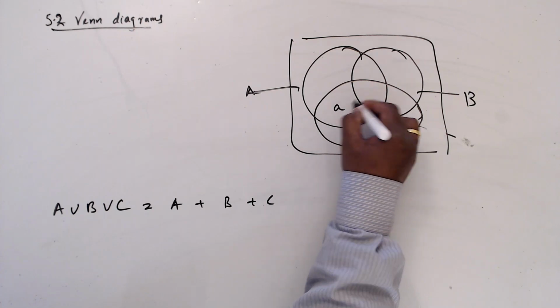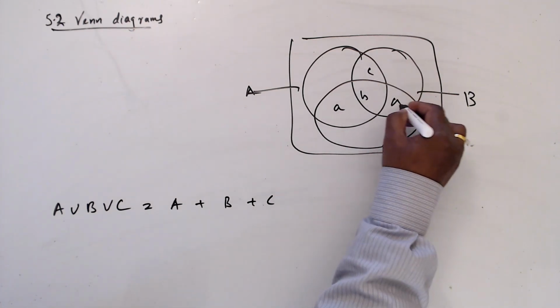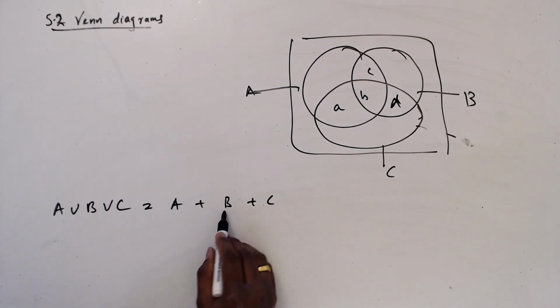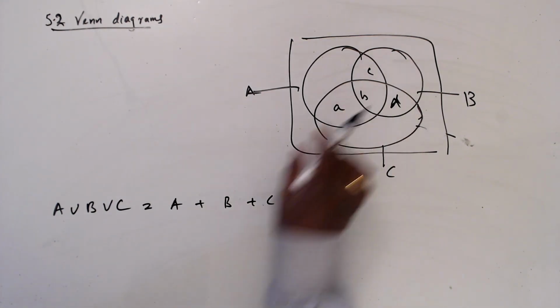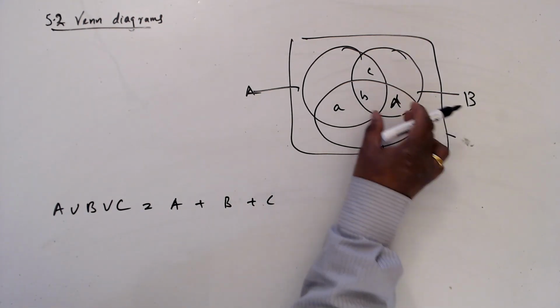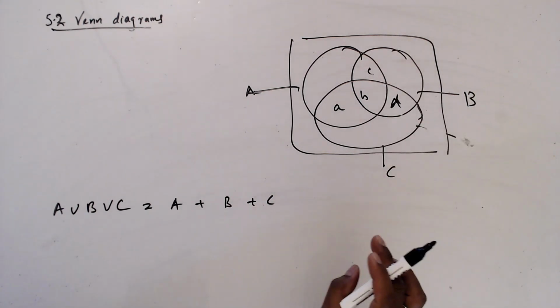Let's say A, B, C, D. From here we will get AB, and from here also we will get AB. So 2 times AB, then 2 times BD, and 2 times BC.